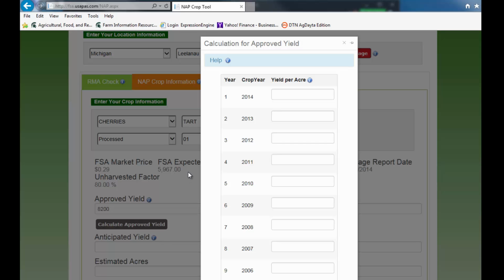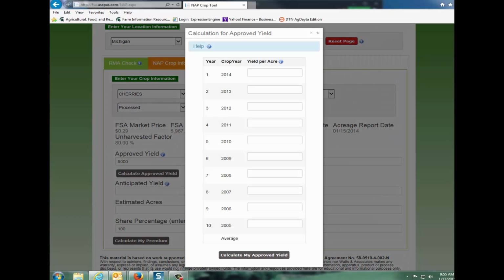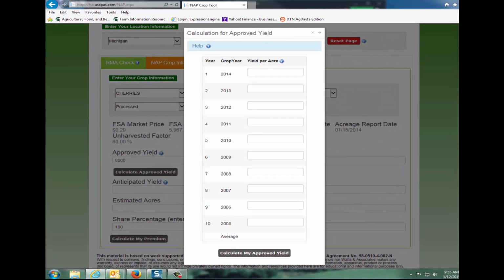If you do have your yield history, we'll do it in the following manner. This number here comes up here where you can fill in your data. So we're going to fill in this data here with an actual example from Leelanau County, and it will calculate it. This calculation is close enough to make your decision on.